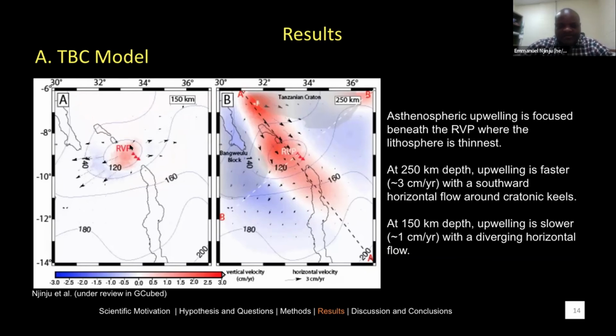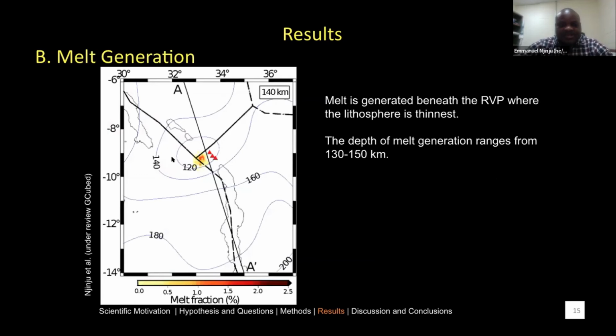The upwelling is focused at shallower depth and flowing at a slower speed of 1 centimeter per year. And beneath the Rungwe volcanic province, the horizontal flow pattern seems to have a radiating flow, which is characteristic of upwelling.